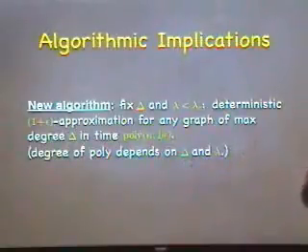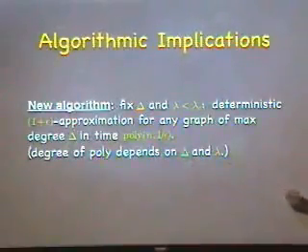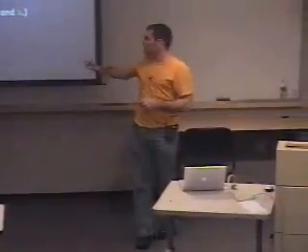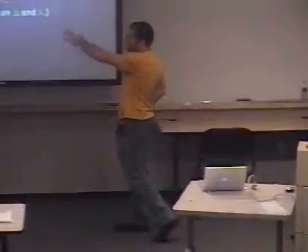So basically it gives a 1 plus epsilon approximation of the independent set sum in time polynomial in n and 1/epsilon. One small caveat here is that the degree of the polynomial depends on the degree, even though it's a mild dependence. So strictly speaking, we get the fully polynomial approximation scheme only for graphs of fixed degree. But again, this is usually the interesting case.